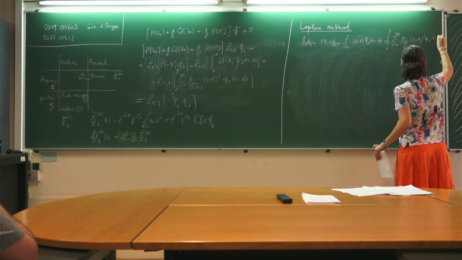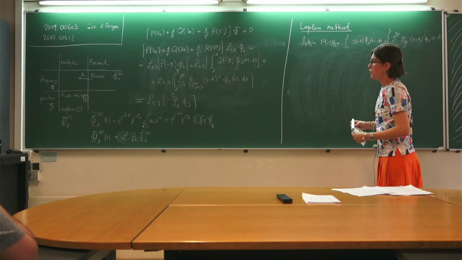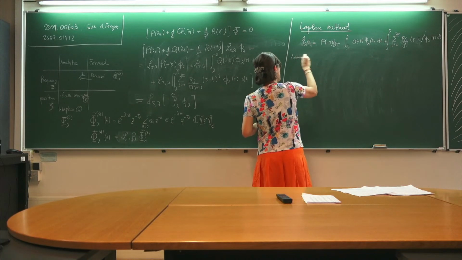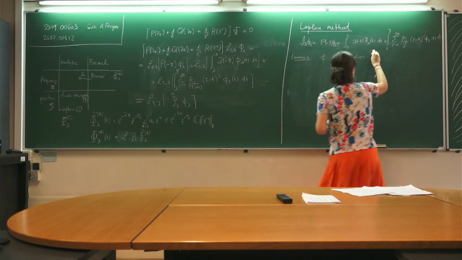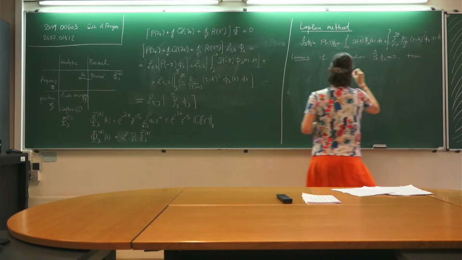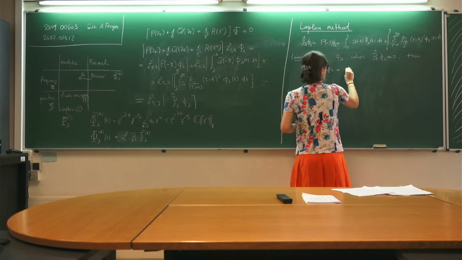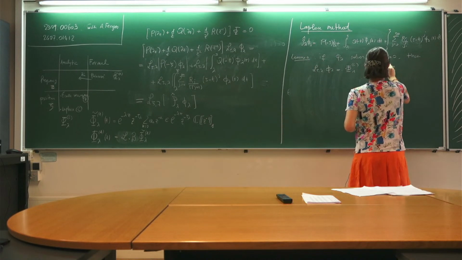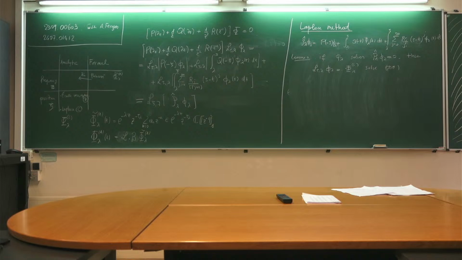Okay. So in particular, what you see is that if phi lambda is a solution of this equation, then the Laplace transform is a solution of this ODE here. This is essentially what we have just computed.